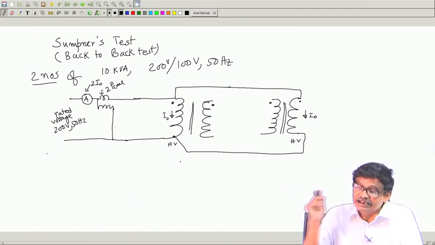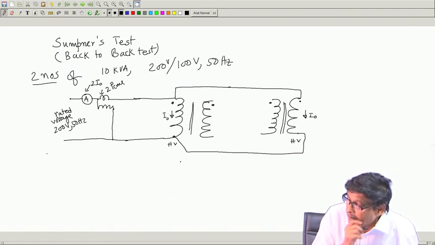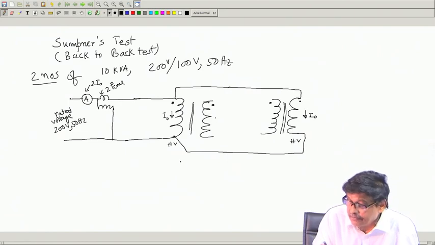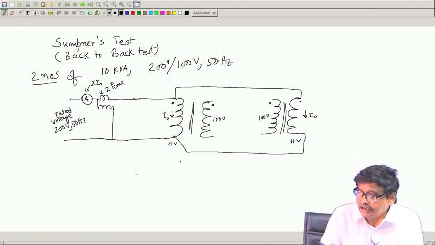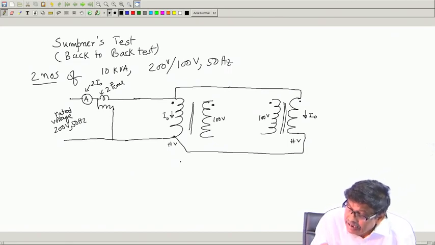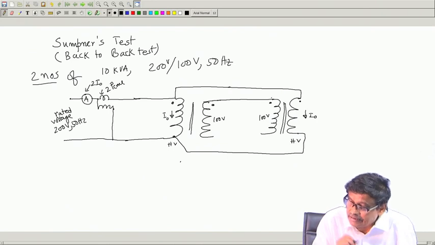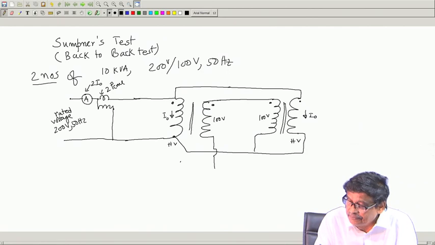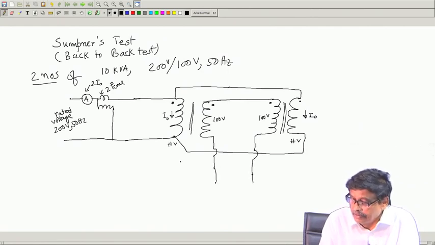But now comes the interesting part. Will there be an induced voltage here? Yes, its value is 100 volt. I am putting this number so that things are very clear. Suppose I join these two terminals by a piece of wire, and bring these two here.